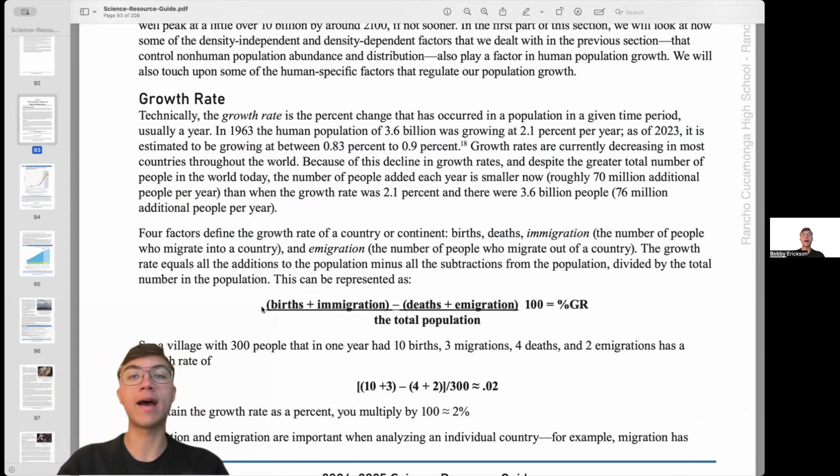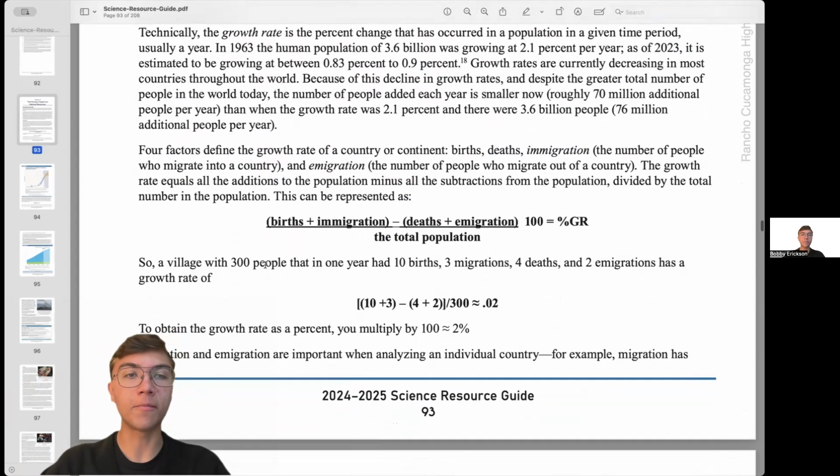And so then we would have 2 million minus 600,000, divided by 334 million, times 100 to get our percent growth rate. The reason why we multiply that by 100 is to get that percentage, because otherwise we would be in a decimal.